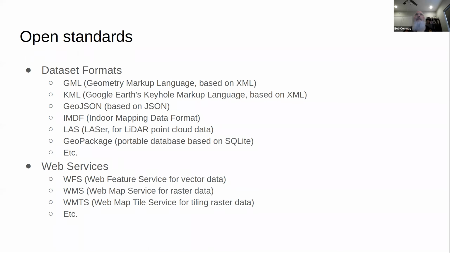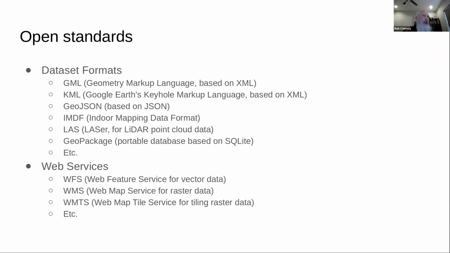One strategy to make spatial data integration easier is to stick with data formats and APIs based on open standards. Several organizations have created such standards, including the Open Geospatial Consortium, or OGC, and the International Organization for Standardization, or ISO, Technical Committee 211. There are many standard spatial data formats, such as GML, KML, GeoJSON, IMDF, and more.